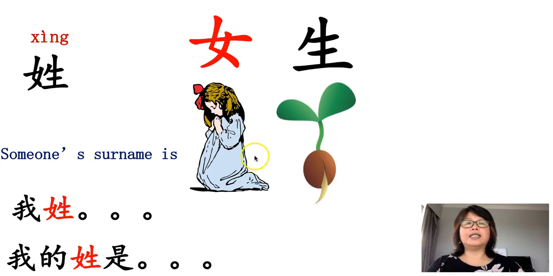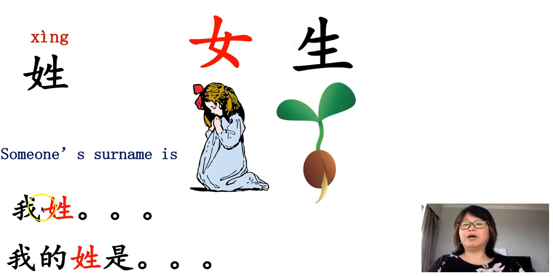On the right hand side is 生, looking like a plant. A plant is growing, and we can see a horizontal line, and underneath is earth, so the leaves are growing. So 生 means to give birth to, or something growing. That makes sense, eh? Everybody was given birth by a female.